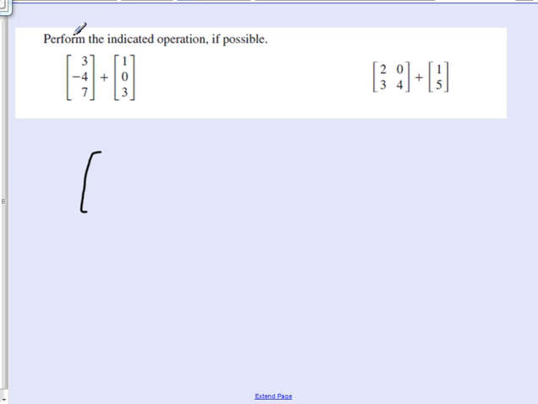So we have 3 plus 1. 3 plus 1 is 4. Negative 4 plus 0, so we have negative 4. And last but not least, we have 7 plus 3, so that would be 10. All right, and that would be the matrix.